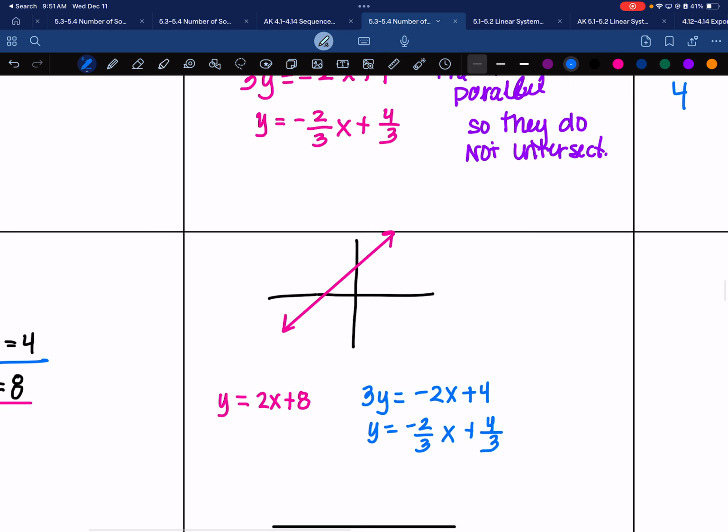So the y-intercept, we said that this was 8, right? The y-intercept of the blue one is 4/3. So would that be up here or down here? Down. And then what direction would the line go? It would go like this, right?